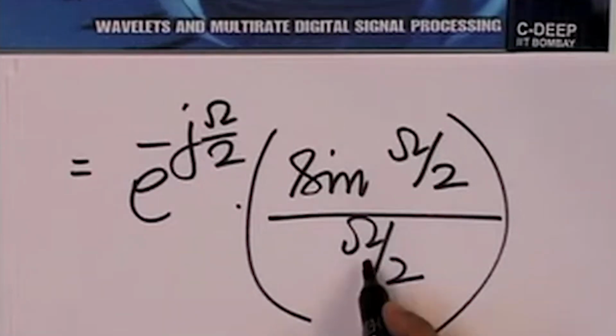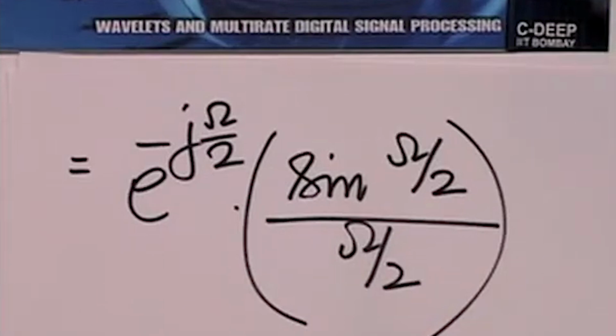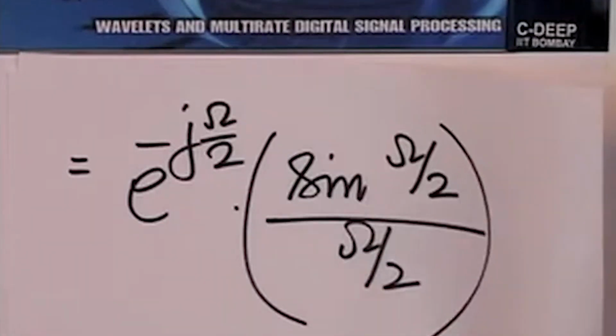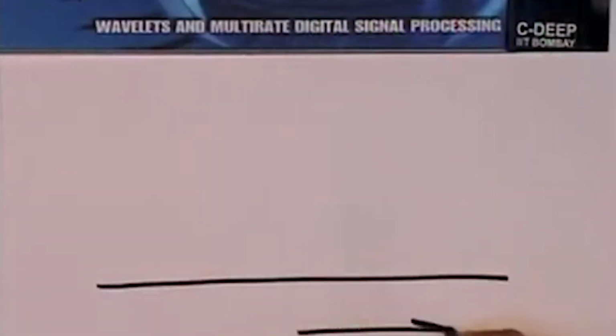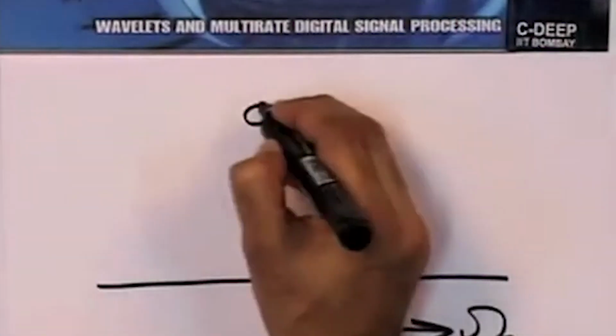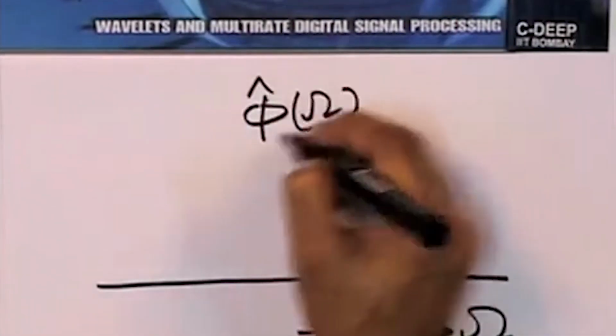Now, as you can see, this Fourier transform goes towards 0 as capital omega goes towards infinity. So, the Fourier transform vanishes as capital omega goes towards infinity. And in fact, we can even sketch the magnitude to get a feel of this. The magnitude of phi cap omega looks like this.